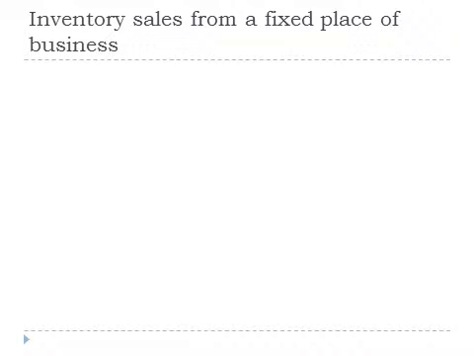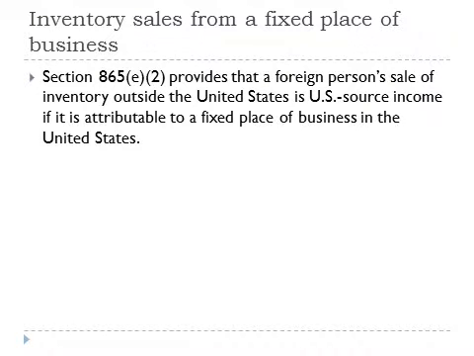As an exception to the general rules for inventory sales, certain foreign sales of inventory by foreign persons can result in U.S. source income if they are made from a fixed place of business in the United States. Section 865(e)(2) provides that a foreign person's sale of inventory outside the United States is U.S. source income if it is attributable to a fixed place of business in the United States.